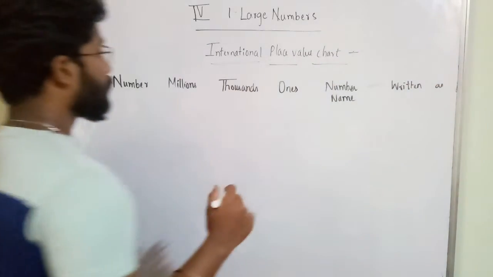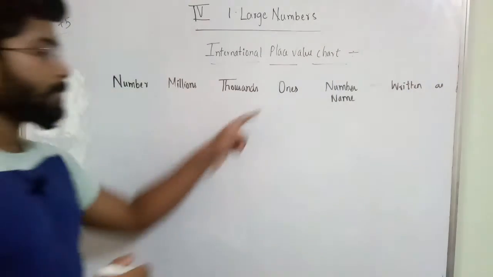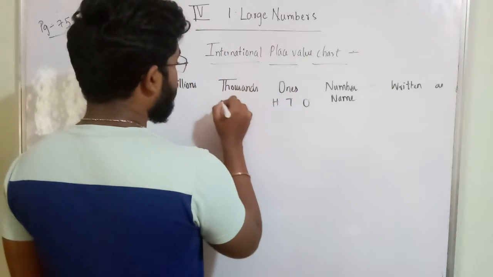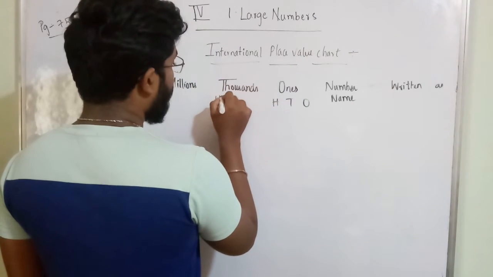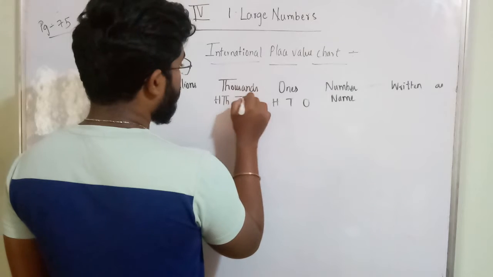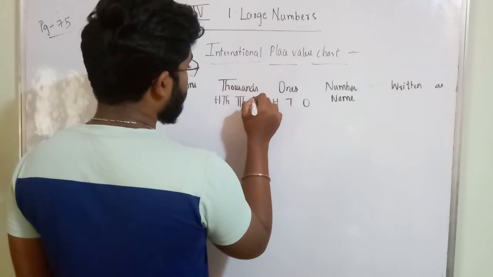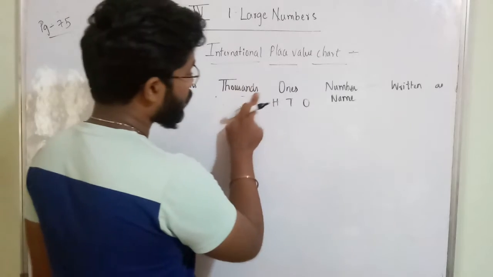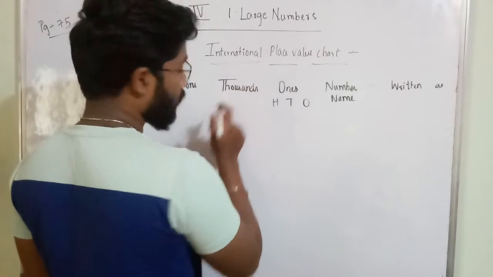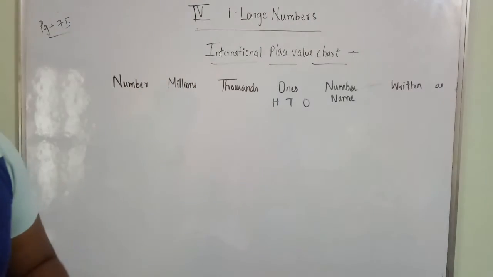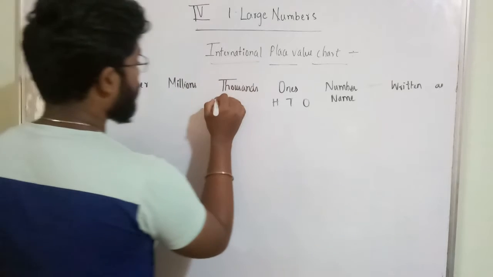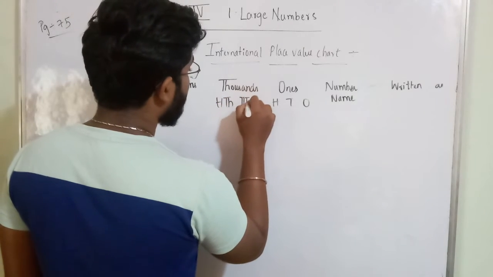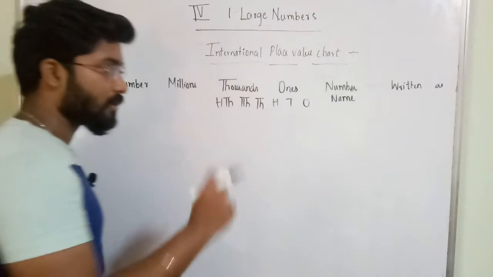Okay, so in ones period you are having hundreds, tens, ones. In thousands also you will have 100,000s, 10,000s. Is it clear? You are representing with HT, I think. Okay, HT. Yes, clear. HTH, TTH and TH. 1000s means 1000 only, no?